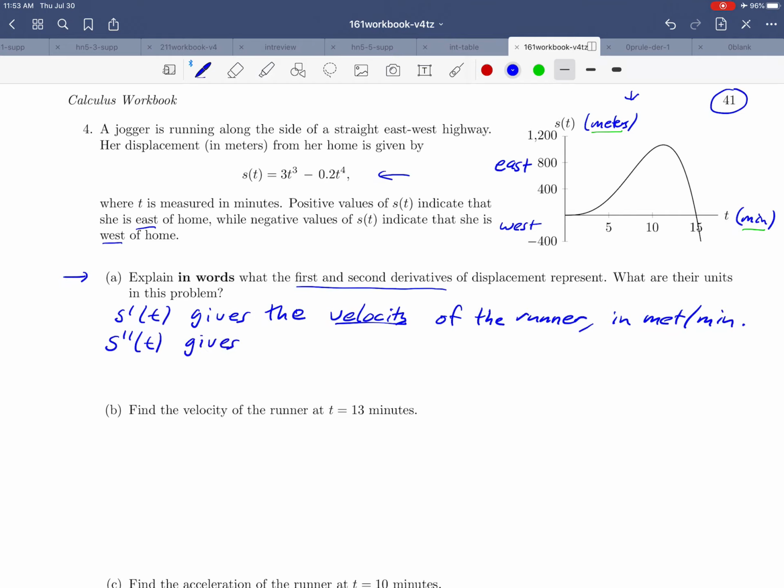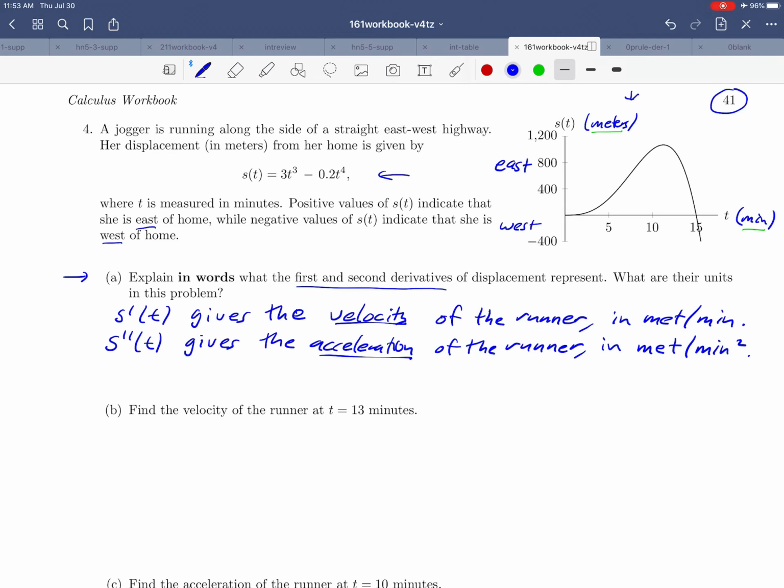So s double prime of t gives the acceleration. What would its units be? Since it's a rate of change of velocity, it should be meters per minute per minute, which is meters per minute squared.